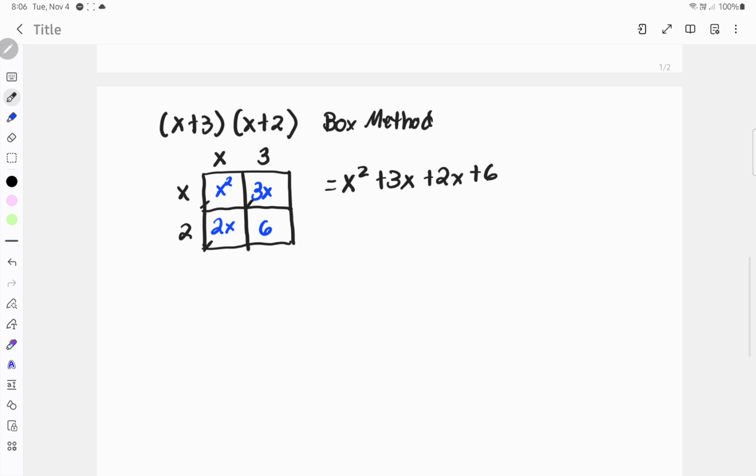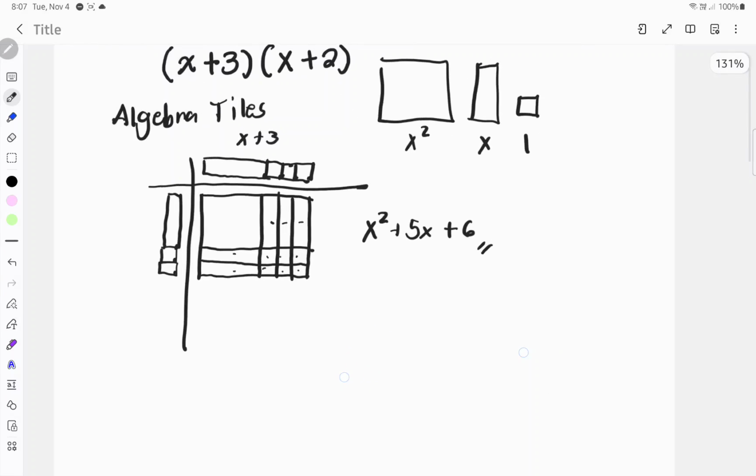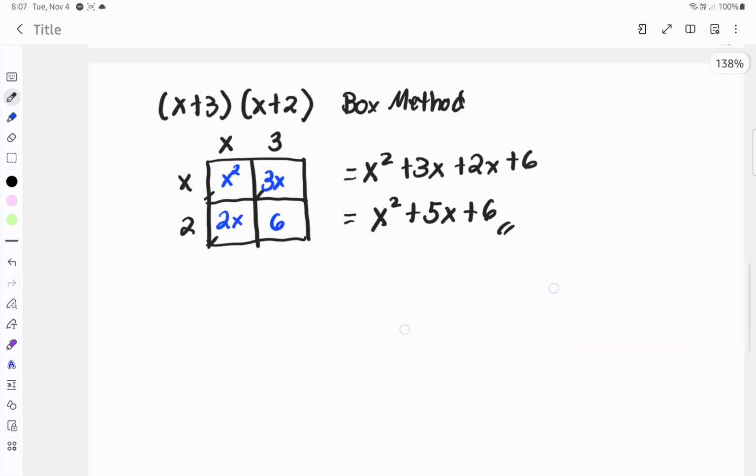Since there are like terms, we need to combine them. So the final answer is x squared plus 5x plus 6. The product is the same using the box method and algebra tiles, which is x squared plus 5x plus 6.